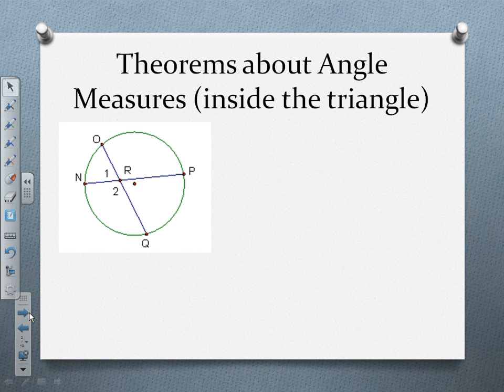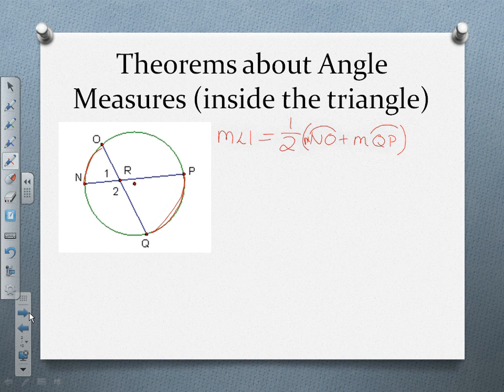So I've got angle 1 and I've got angle 2. Okay. I can find them. Angle 1 is going to be 1/2 the arc that it intercepts plus the other arc that it intercepts. So the measure of arc NO plus the measure of arc QP.